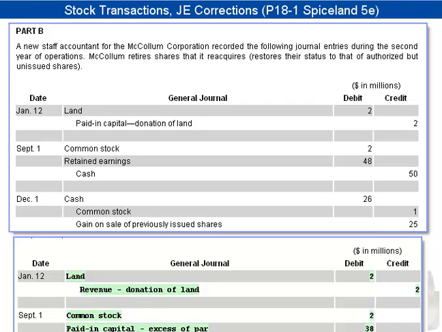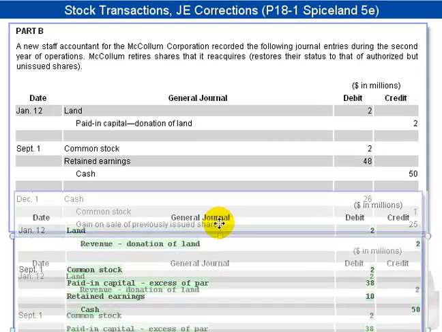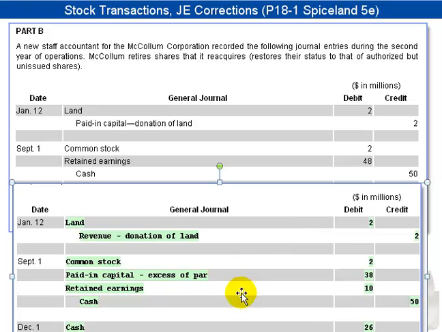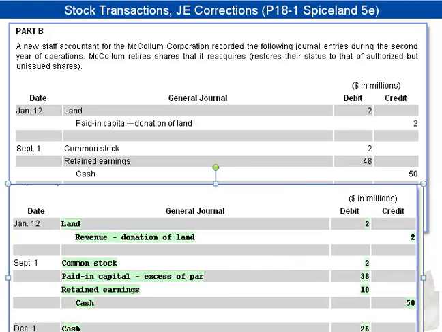On September 1st, there was a debit to common stock of 2 million, a debit to retained earnings, and a credit of 50 million. Let's slide that up and take a look at what the correct item is here. Now, we'll assume the accountant recorded cash correctly. He spent $50 million to buy its own stock. What we have to do is figure out how much cash did we use.